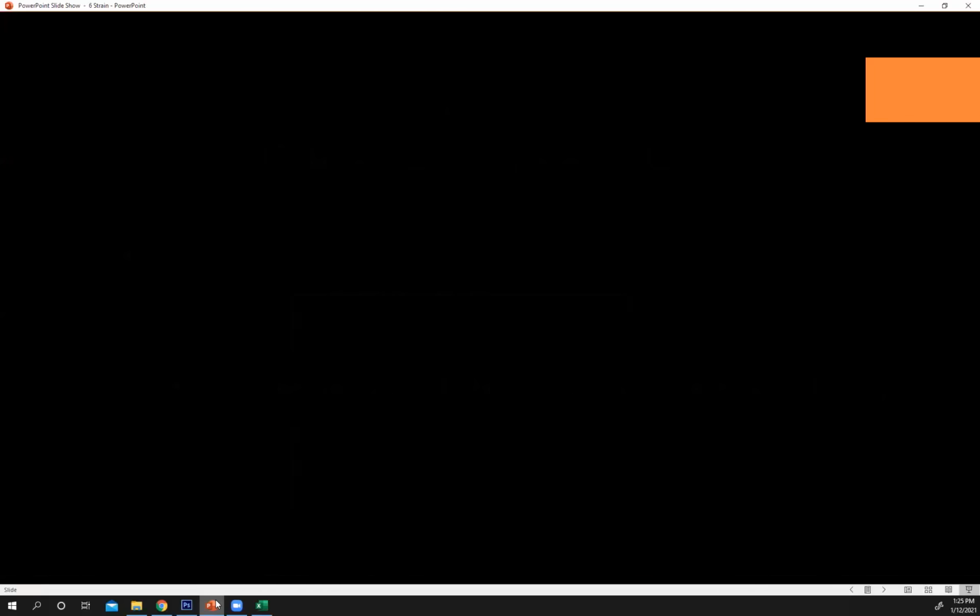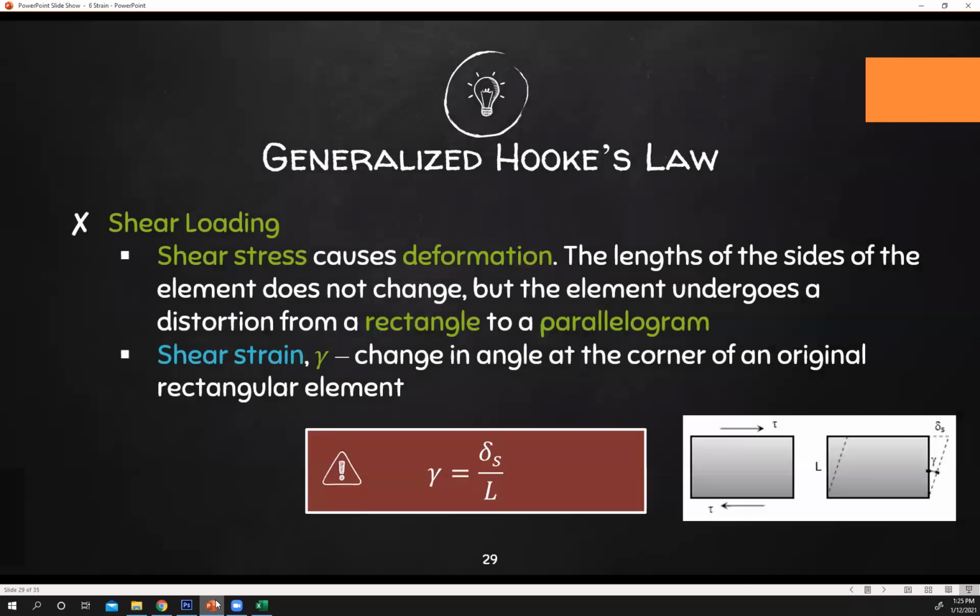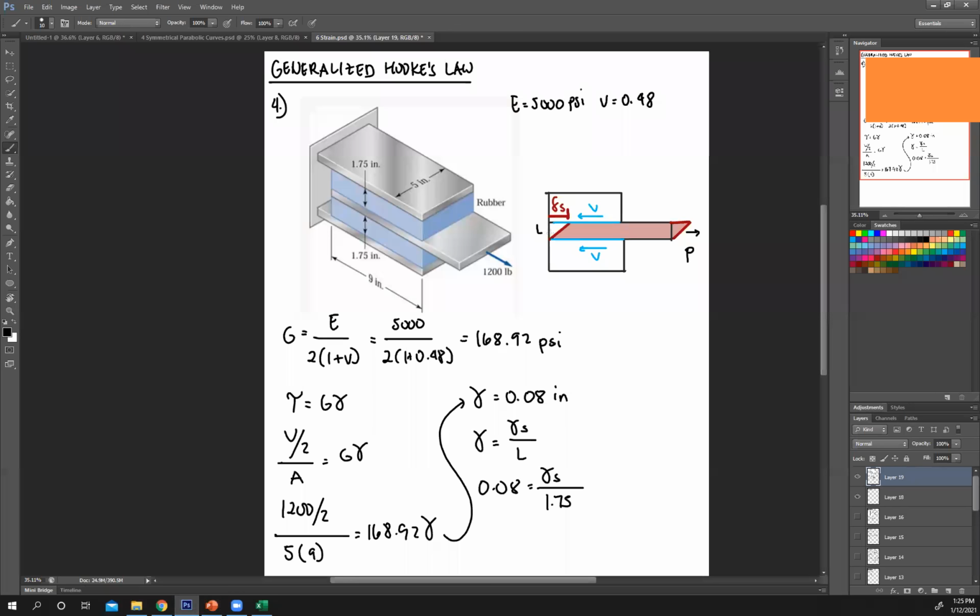Kung tama. Yeah. L is the height of your member. This is L, this is sigma S. Gamma S rather. Okay. So that this height, so L is 1.75. Now I can finally solve for gamma S, which is 0.14 inches.